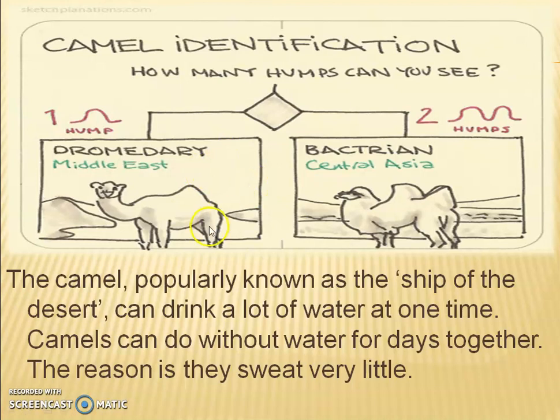So children, you can imagine how much water a camel can drink in 10 minutes. This is the reason why a camel can stay without drinking water for a huge period of time, right? And another reason is they sweat very little.